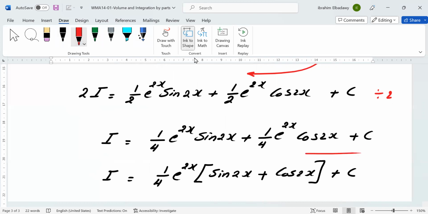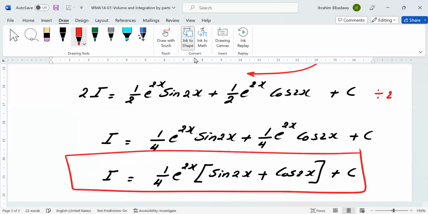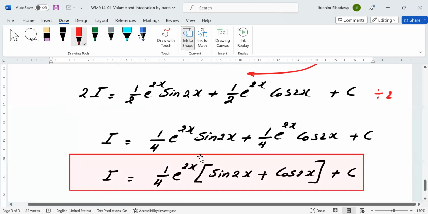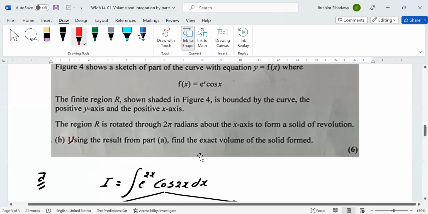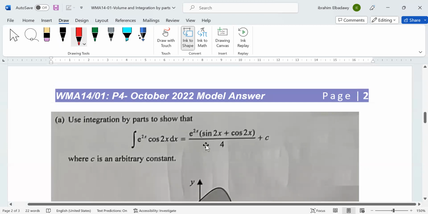And this part is what he needs to prove, and you already got the value which he needed. So in the beginning he needs to prove it, and then you get the right side, e^2x times sine 2x plus cosine 2x divided by 4, and the arbitrary constant, which is c, at the end of the formula here.